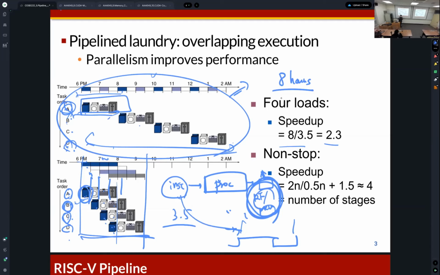Then the next instruction can use this changed data in the register file or memory in the next clock. That is the single cycle processor.